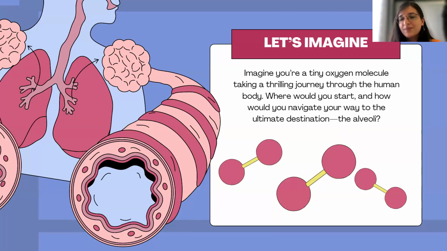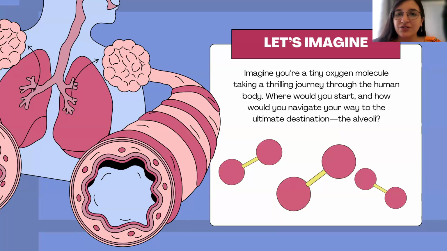So I want you all to imagine this. Imagine that you are an oxygen molecule, because we need oxygen to go into our body so that our cells can get that oxygen, right? So the cell survives. If you are a tiny oxygen molecule, how would you enter the body, where do you need to go, and what happens to you once you enter the body? How do you go to the cell? This whole journey.